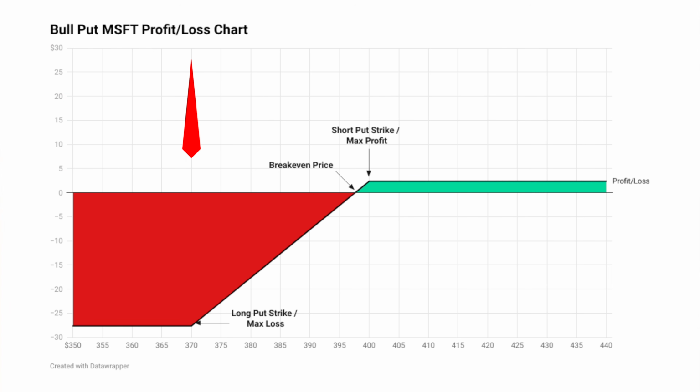However, if there were a time that the option would be exercised early, it would be when it's in the money. That means the underlying security will trade below the short strike. In the case of the Microsoft example, the short option will be in the money if Microsoft stock trades below $400 at expiration.